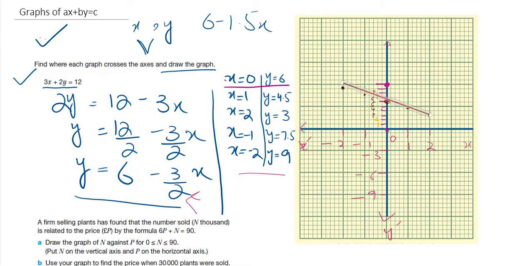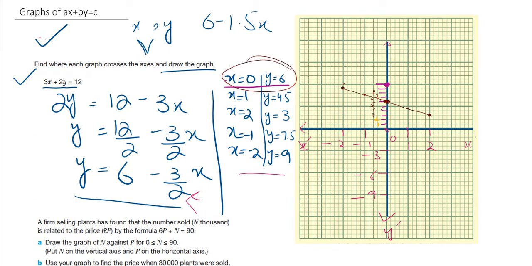I just need to rearrange it. Okay, this is the exact straight line, and we have to find out that point where the graph crosses the axis, and that's obviously this point.